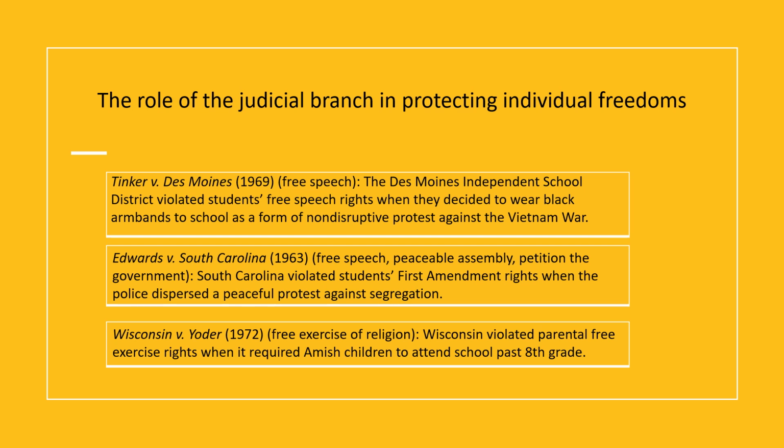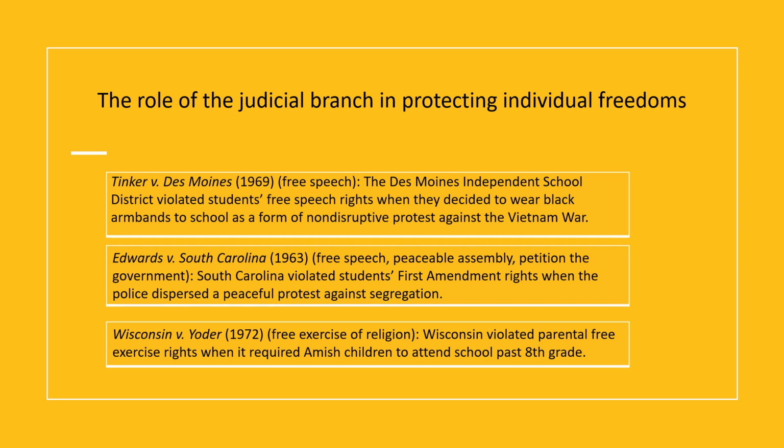So the Supreme Court set the precedent that speech could also be experienced in symbols, such as the black armbands, and thus ruled that the wearing of black armbands was a use of free speech as a form of symbolic speech, and that because the black armbands were non-disruptive protest, the students could indeed wear these armbands to school.